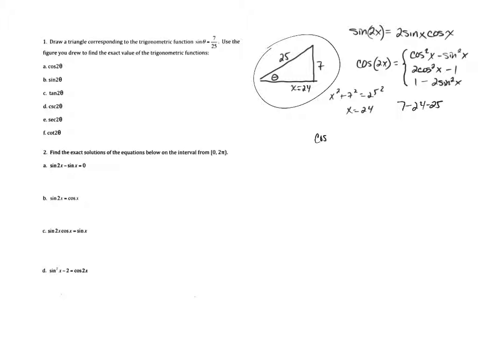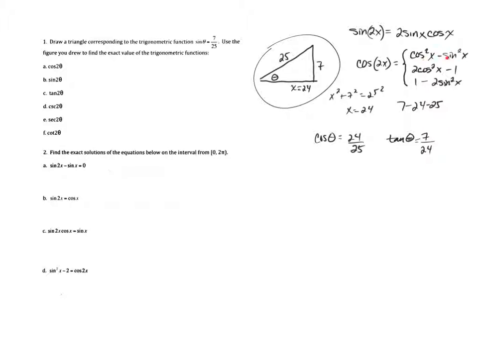We know the cosine of that angle would be 24 25ths, and the tangent of that angle would be the opposite, which is 7, over the adjacent, which is 24. So if we need, as they're asking us in this first problem, the cosine of 2 theta, we could come over to our little chart that we developed on the last slide with information about cosine of 2 theta. We could use any one of these three.